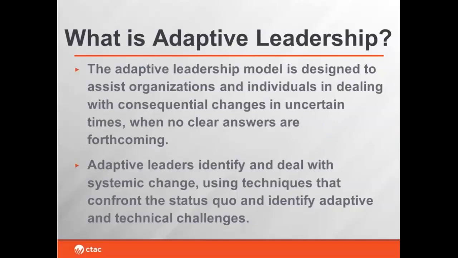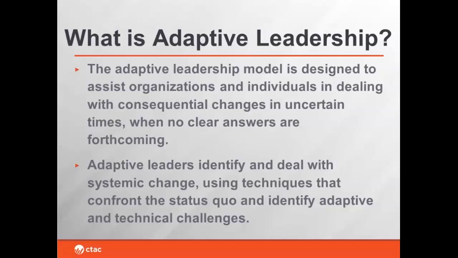So let's think about our sector in human services. I feel like this is our arena. There are no clear or easy answers. This is not, gee, I have strep throat, let me give you an antibiotic, and in a few days it will be cleared up. What adaptive leaders have to do is identify and deal with systemic change.